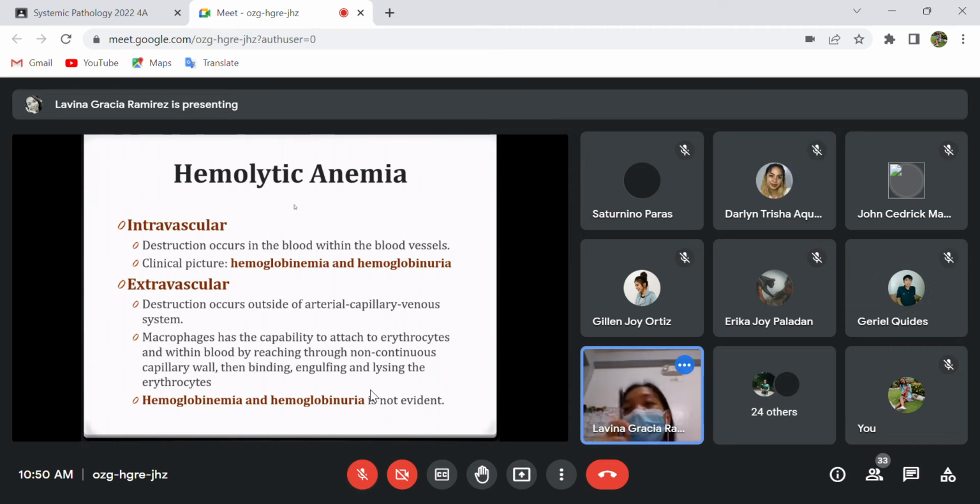Okay, guys, you need to review your PCO with regards to the disruptions. Hindi na natin ulit-ulitin yan. Kailangan nyo maintindihan why? Because those standards or those basics will help you to understand why in the intravascular you may see a clinical picture called hemoglobinemia and hemoglobinuria.